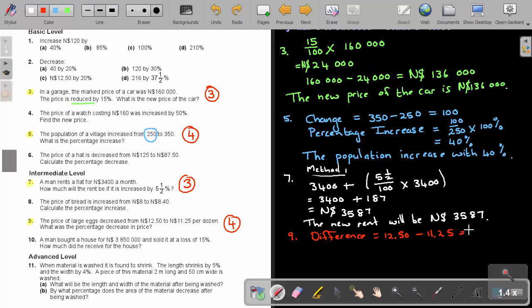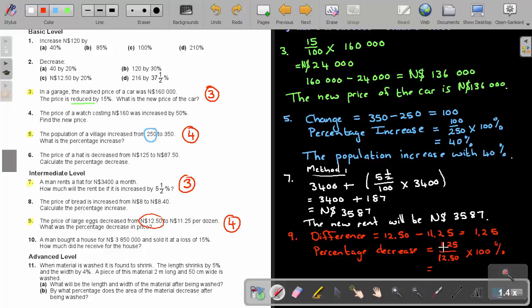And that will be 1.25. So the percentage decrease equals 1.25, and you put it always over the original. What was the original one? The one they mentioned first. So it's 12.50, and to make it a percentage, we multiply by 100%.